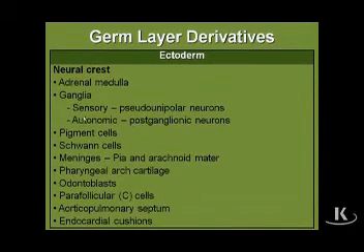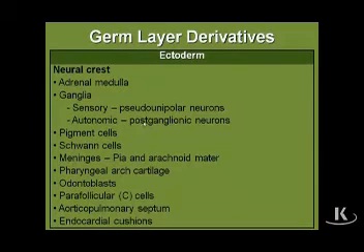I want to remind you that the postganglionic neurons that are found in autonomic ganglia include the terminal ganglia. Think about the terminal ganglia that are found in the wall of the colon. When there's a failure of neural crest migration into the wall of the colon, there's an absence of ganglion cells in the wall of the colon. That's Hirschsprung's disease.